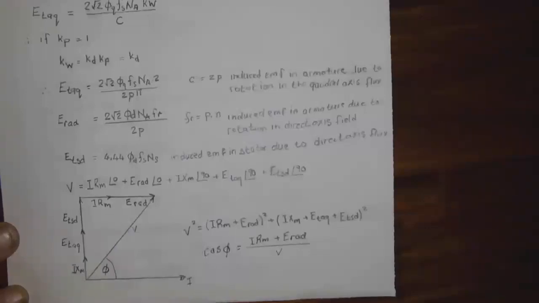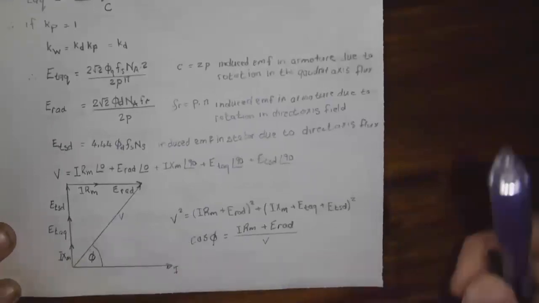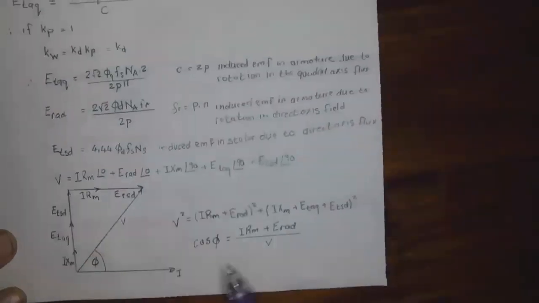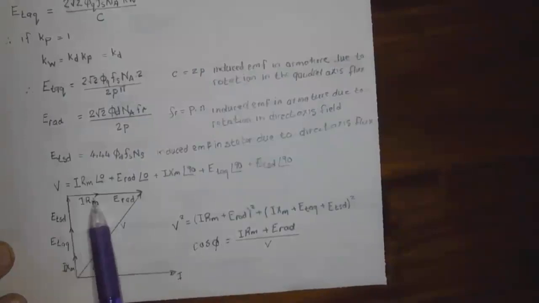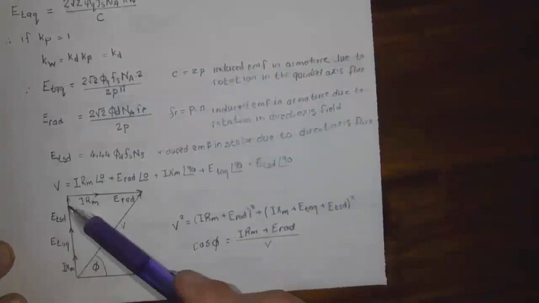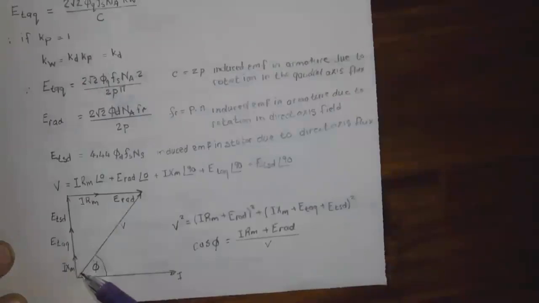All right, so then we can say that using Pythagoras, V squared is (IRm plus E_rad) squared, that part, plus this part, (IXm plus E_TAQ plus E_TSD) squared, the square root of both of them, and therefore we can get the power factor. Cos phi is (IRm plus E_rad) over V.